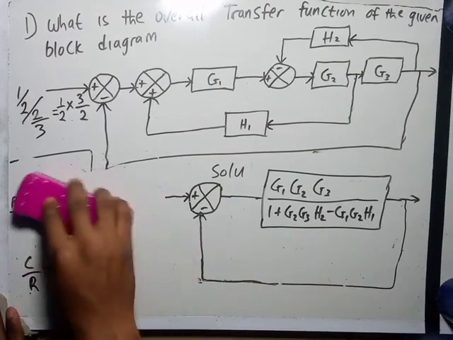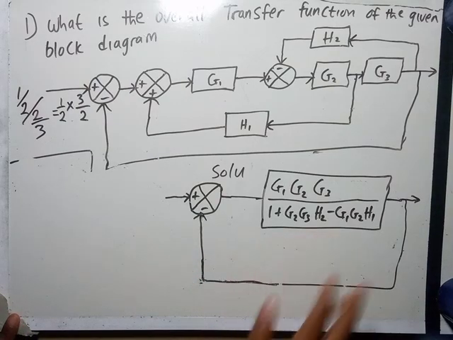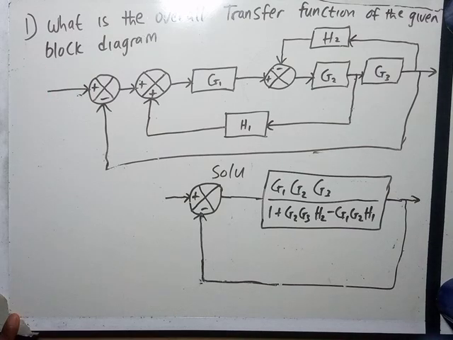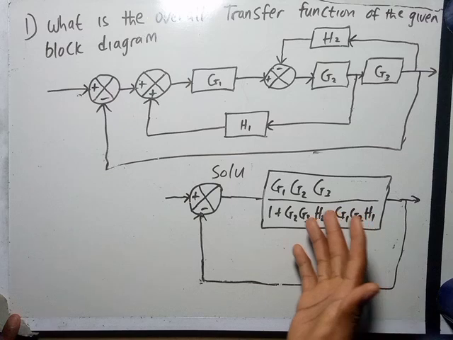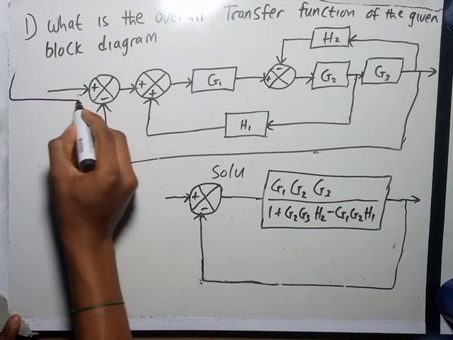So for us to solve that, I would like to economize space. So I don't know if it will be good for you guys. Let me just do it like that. So let's put it down here.